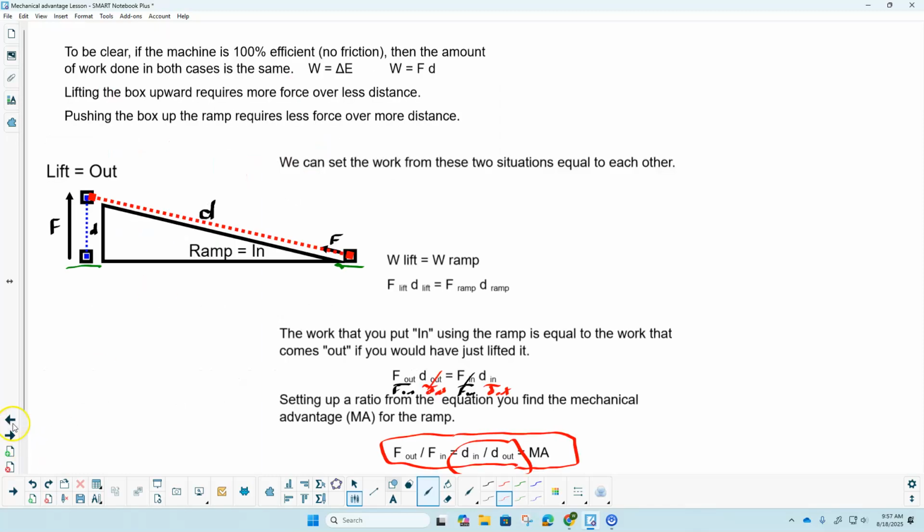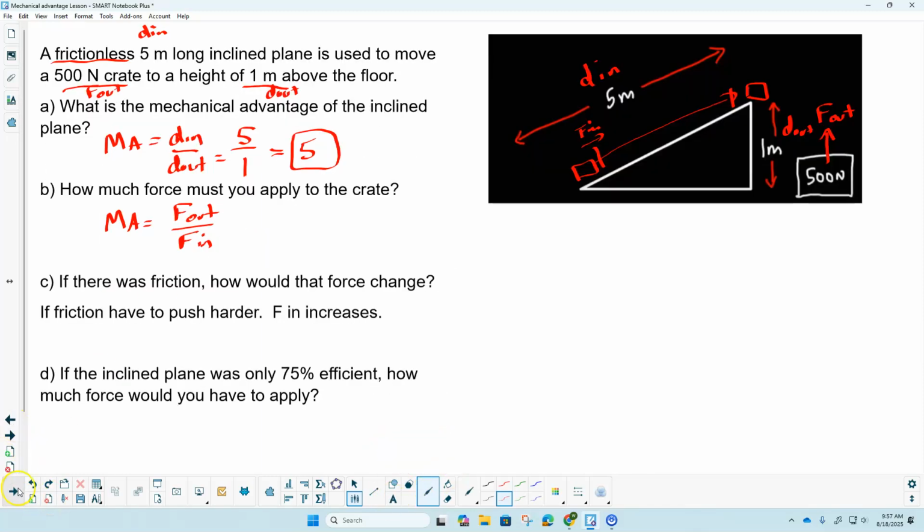So again, we already got 5 as our mechanical advantage. The force out, we're going to get 500 newtons moving up. And what we have to put in is what we're solving for. So I'm going to cross multiply. It'd be 5 times force in equals 500. Then I'm going to divide by 5. And we get 100 newtons is what I would have to push with to move that box up that incline.